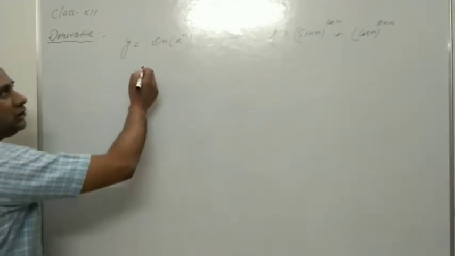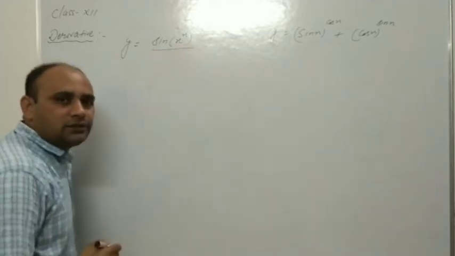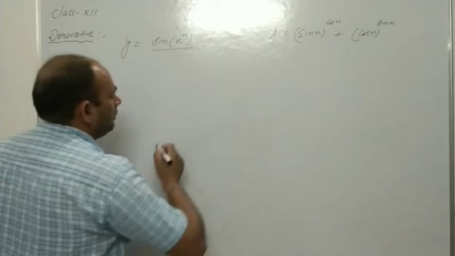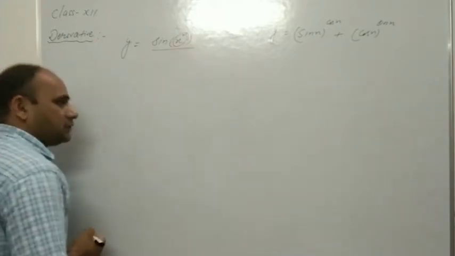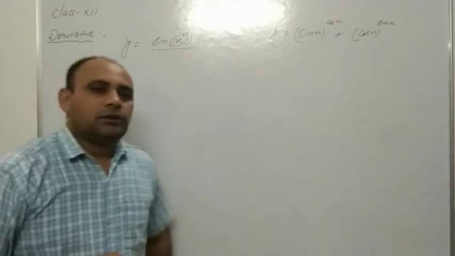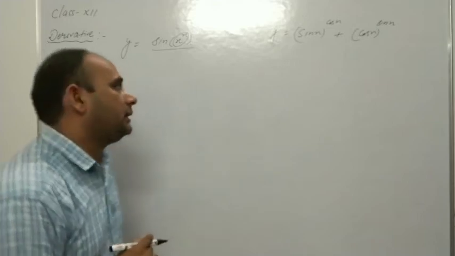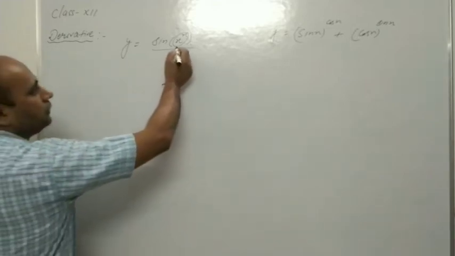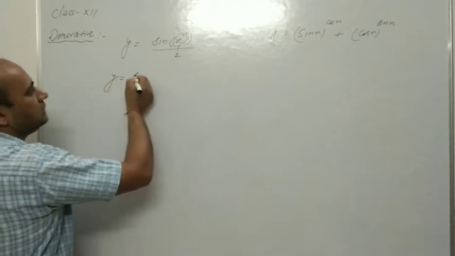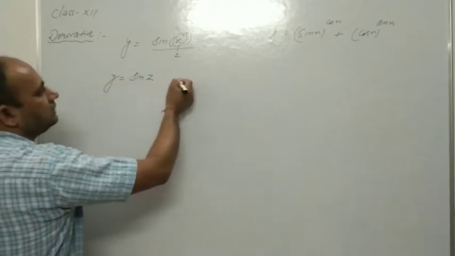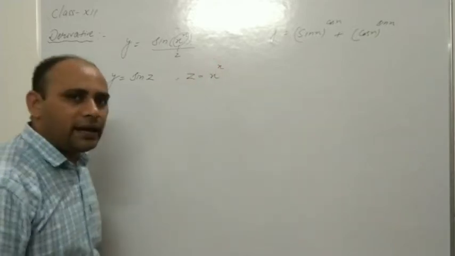Now y is equal to sin of (x raised to the power x). Here you can say sin theta, where theta is x raised to power x. So dear student, here we can also apply the chain rule. Meaning if we suppose it is z, then y is sin z and z is x raised to power x.